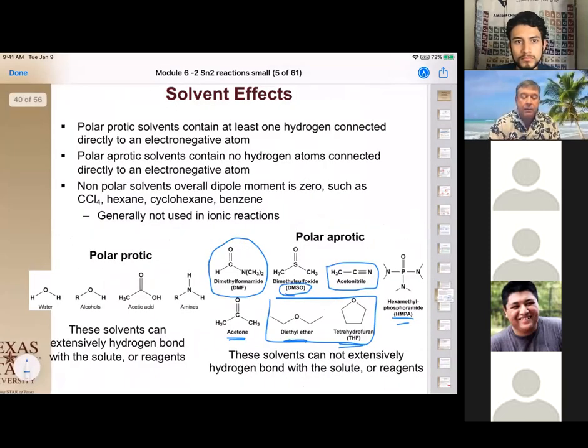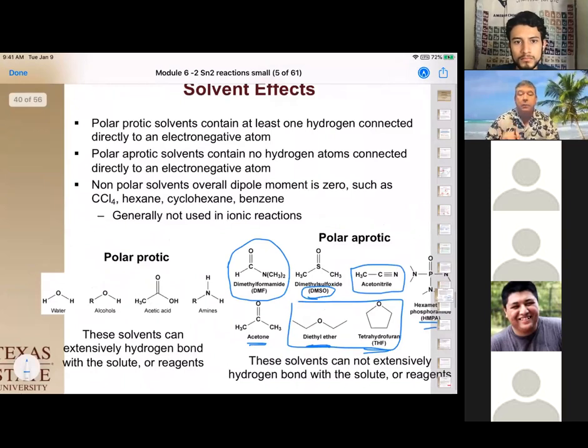Okay, now in general, the non-polar solvents are not able to dissolve the reagents, and so we rarely see them used in this system. So we typically divide all of our SN2 and SN1 reactions into a polar protic solvent or a polar aprotic solvent.